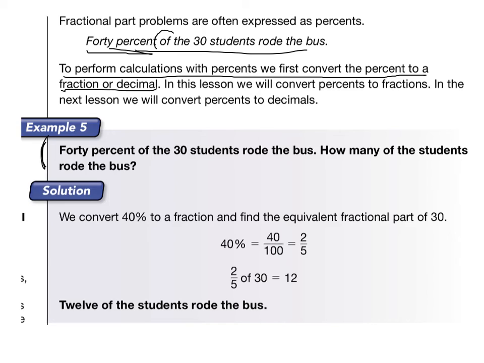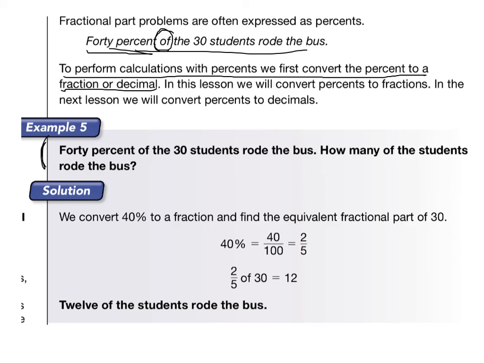This word of, when you see that word of, that means to multiply. So we'll take 40% of the 30 students rode the bus. So what you want to do with that 40%, you want to convert it to a fraction or a decimal. In this case, what we did is we took 40%, I do 40 over 100, so that makes it a fraction, then I reduce that fraction to 2/5, then I'm going to multiply.